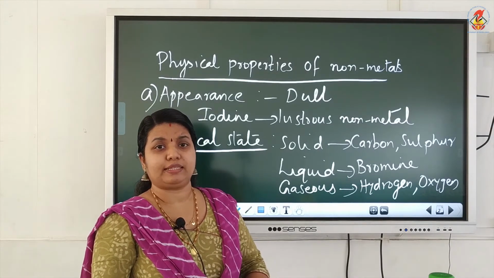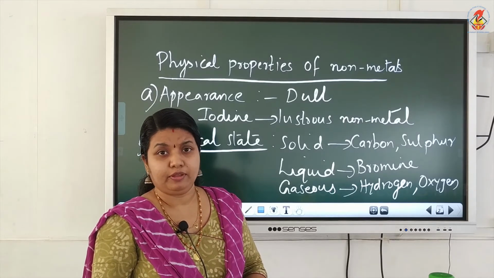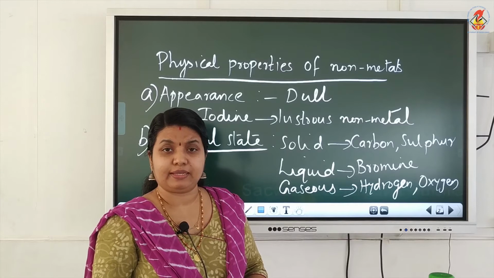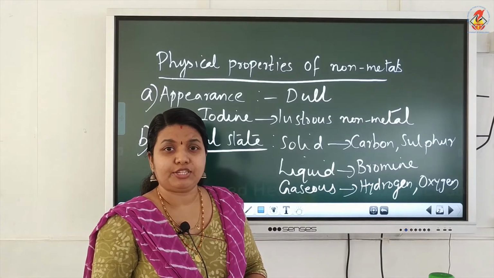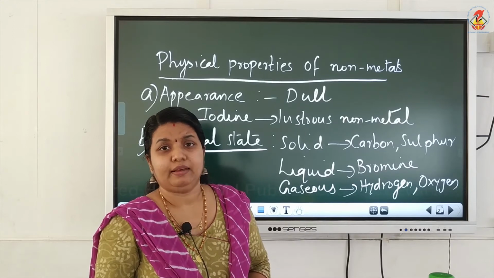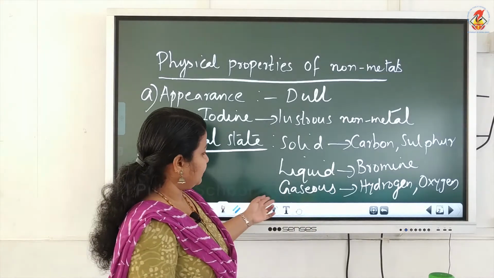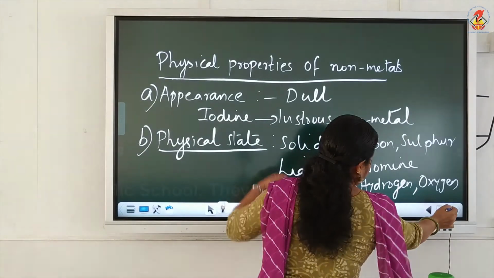Carbon and sulfur are solids, bromine is the only liquid, and gaseous ones include hydrogen, oxygen, nitrogen and chlorine.